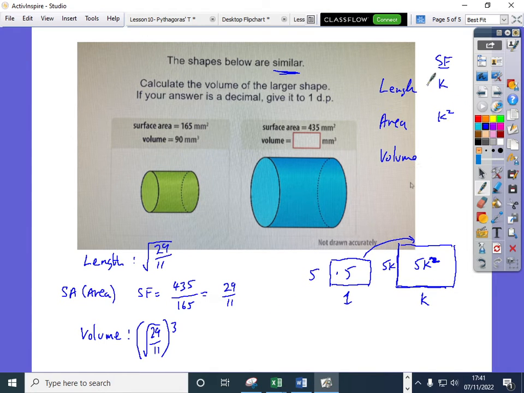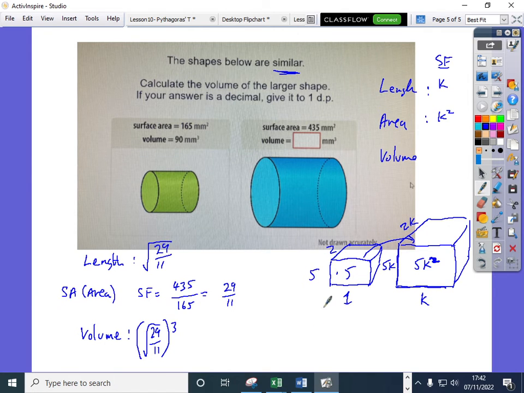And then the last one is volume. So if this was, let's call that 2 just to keep the maths simple, and this is being stretched by k, so that now becomes 2k.